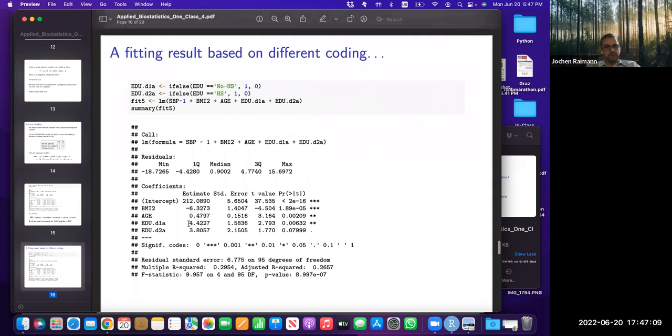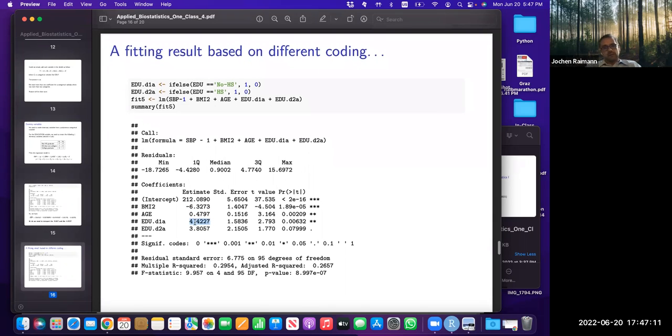When you think of blood pressure, a difference of 4.4, that's quite a difference. But now let's imagine the blood pressure estimate you need to take into account is 0.004, which in a very large data set could very well still be significant. Just because of sample size, your p-values get very, very small because your estimates get more and more accurate.